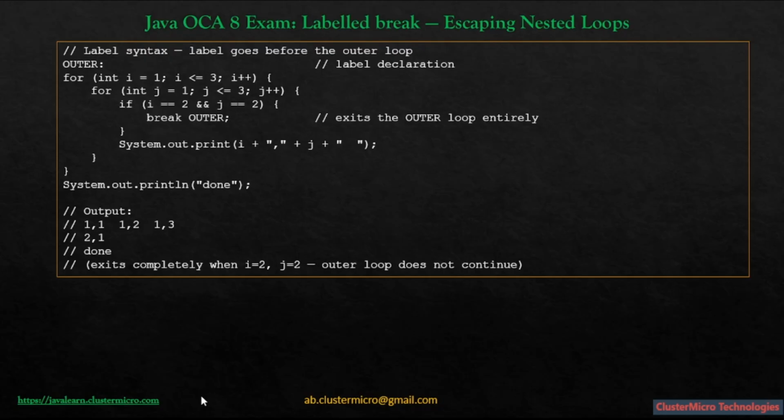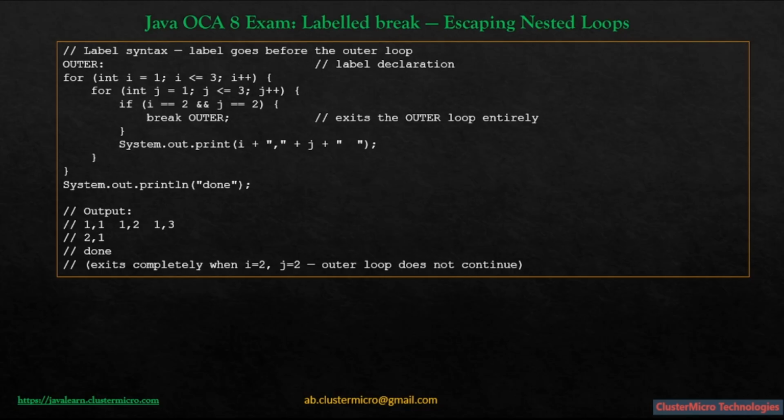So if you see the example here, the outer loop runs i from 1 to 3, and the inner loop runs j from 1 to 3. When i becomes 2 and j becomes 2, the statement break outer is executed. Before that point, the program has printed 1, 1, then 1, 2, then 1, 3 during the first iteration, and then in the next iteration 2, 1, right?